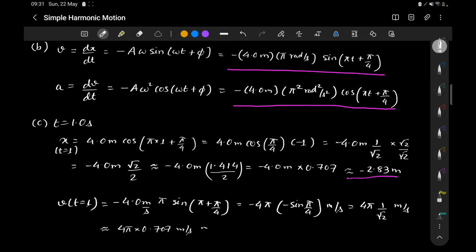And this comes out to be approximately 8.88 meters per second.